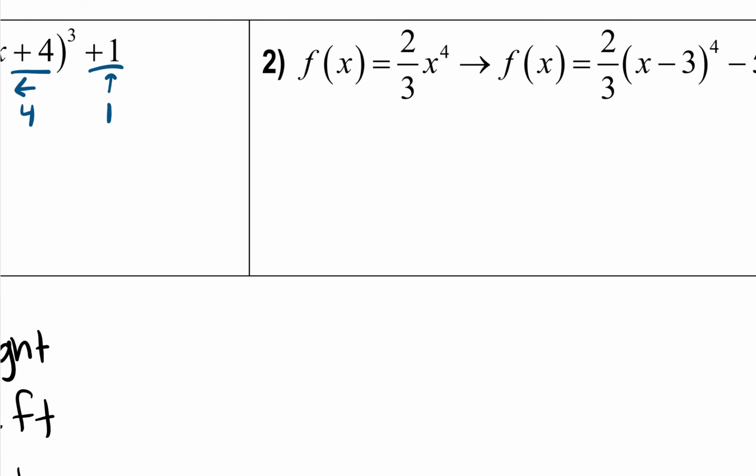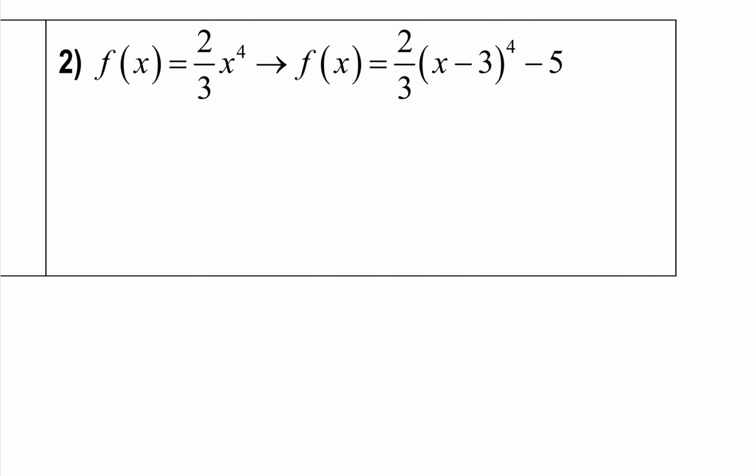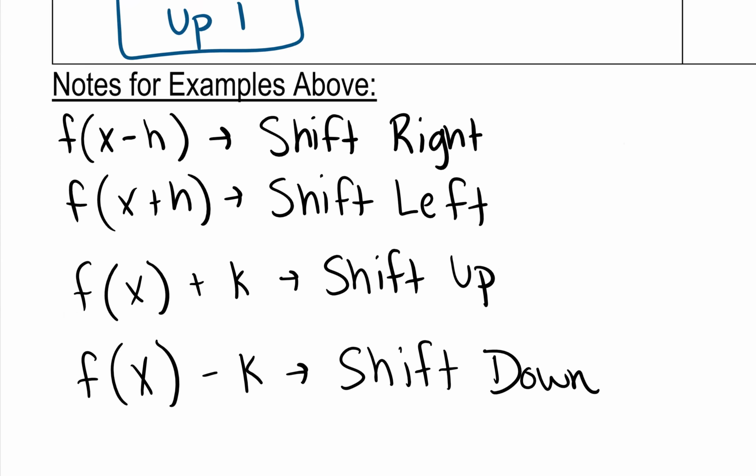Next one, same thing. I don't have any parentheses or any numbers after x, so I'm starting from 0. From 0, I subtract 3 inside and I subtract 5 outside. Inside, going from 0 to negative 3, it's minus 3. Subtracting in parentheses, if you look at your notes, is going right.